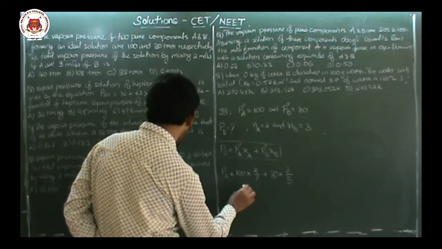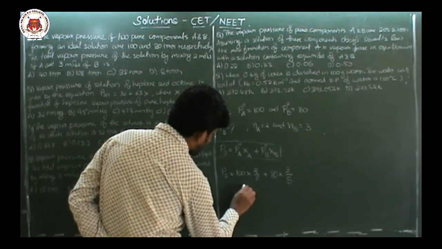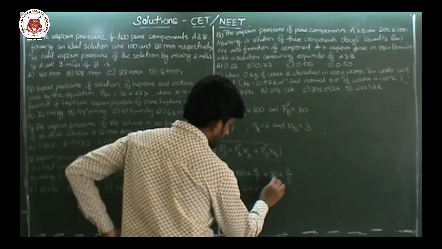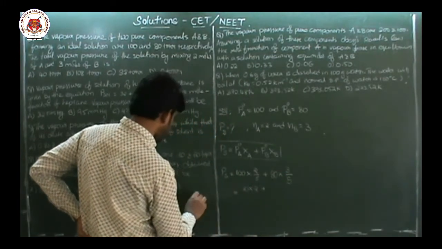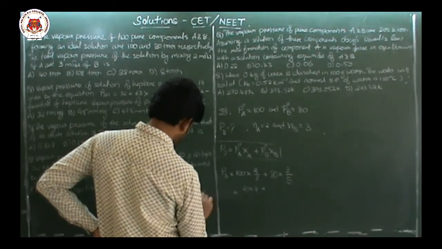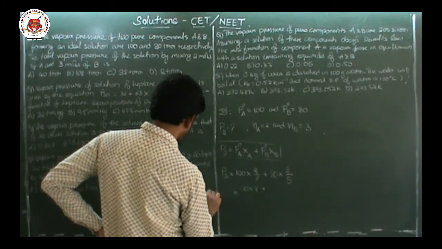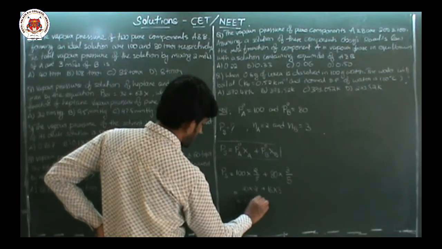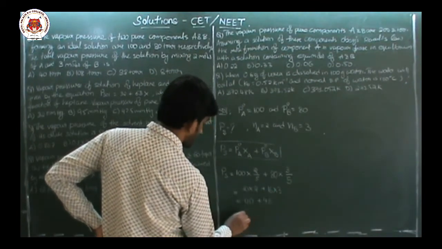Here if I cancel out this one, into 2 plus, if I do this multiplication, 20 into 2, 40, plus 16 into 3. 40 plus 48.